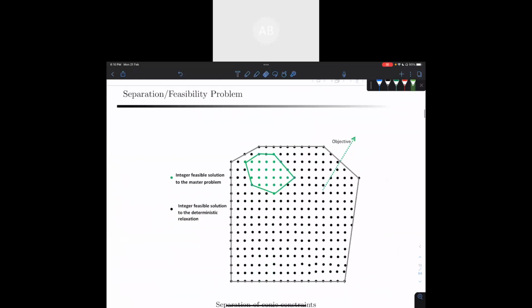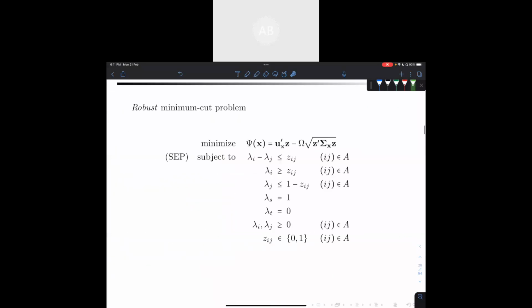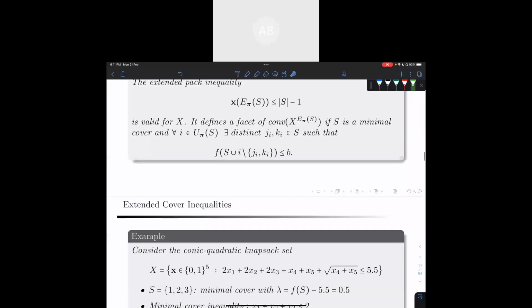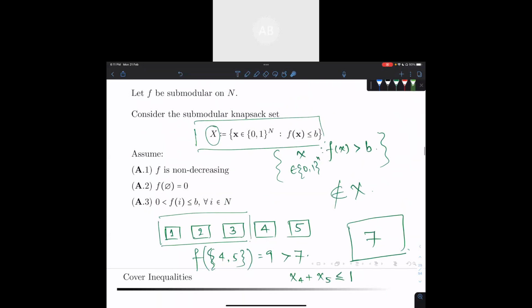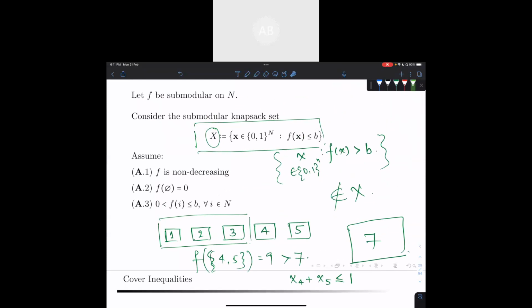These are called cutting planes. These constraints chop off the solution space, and that's what we are doing here, right? We said that if my solution consists of both 4 and 5, then there is absolutely no way that my solution is going to be feasible.